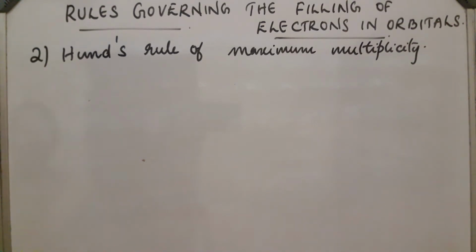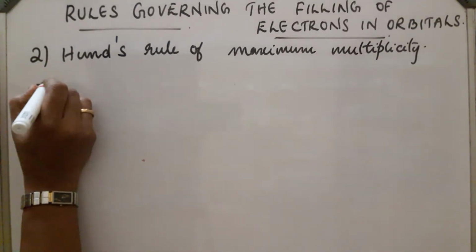So first, if we take the subshells of a particular shell, at first the electrons are singly occupied, then only the pairing starts.